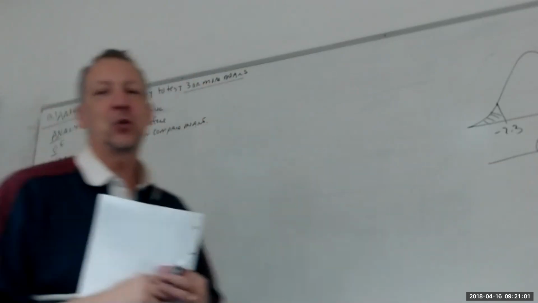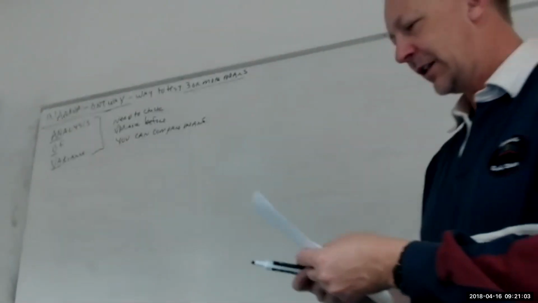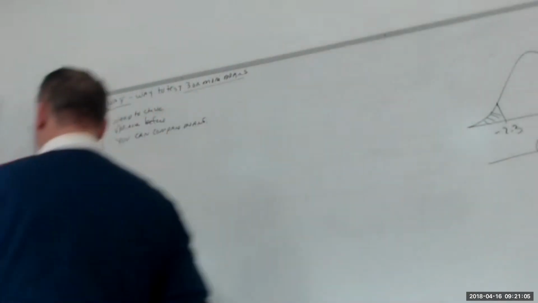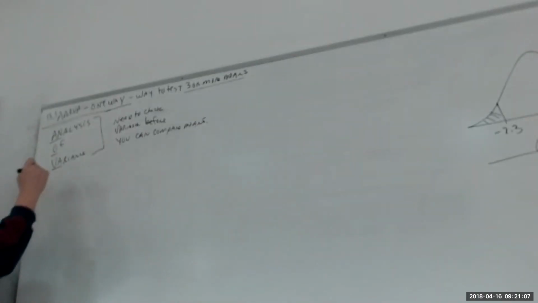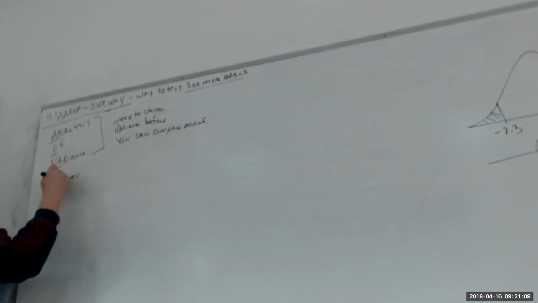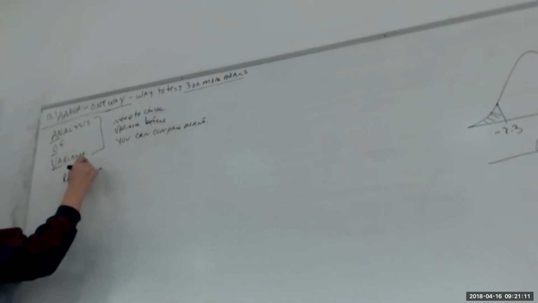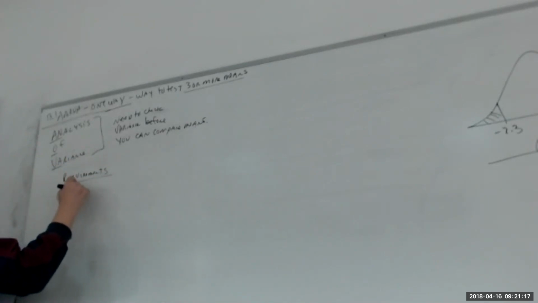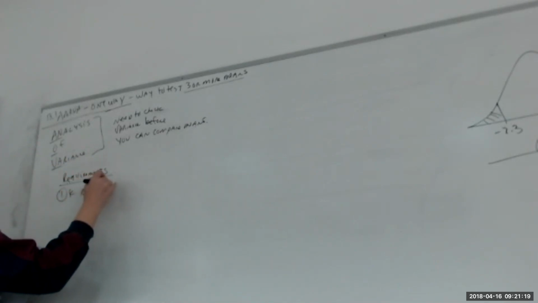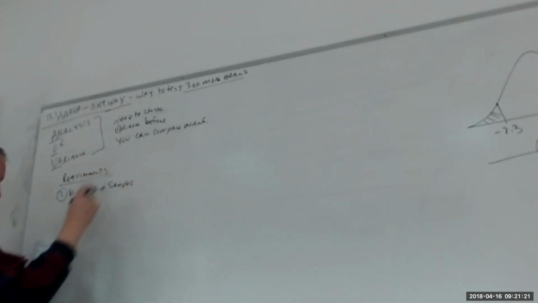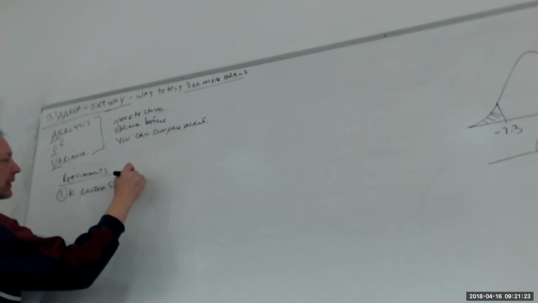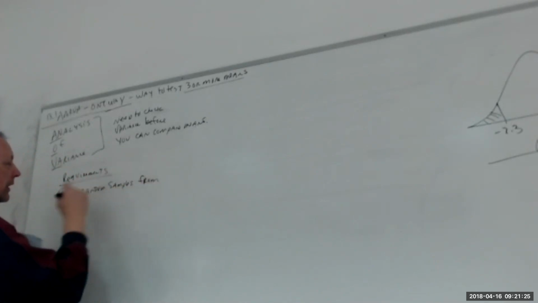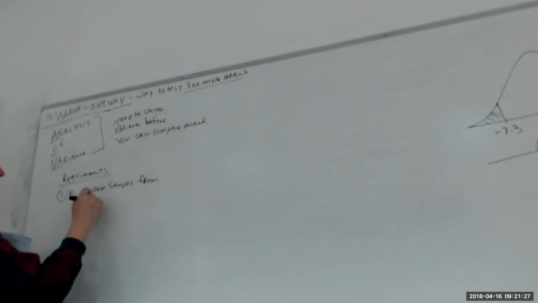Now let me show you why we need to compare that variance. Oh, before I do that, let's talk about some requirements. Okay, requirements of the test. Number 1, you need K random samples from each population.